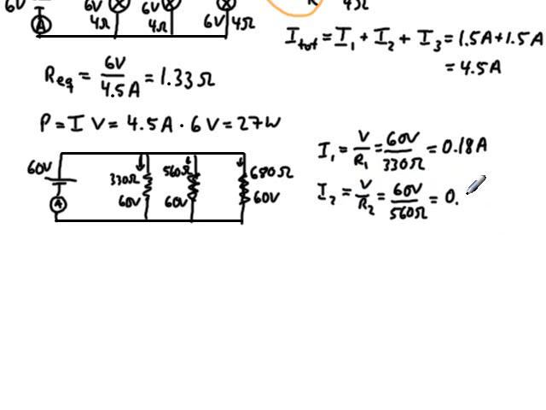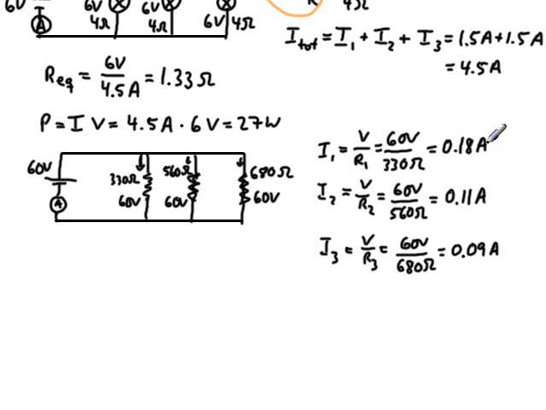And I come up with 0.11 amps, rounded. And the third one is over R3, 60 volts divided by 680 ohms. So it looks a little bit less than 1 amp. And I come up with 0.09 amps rounded.